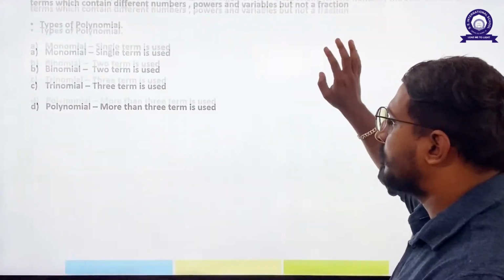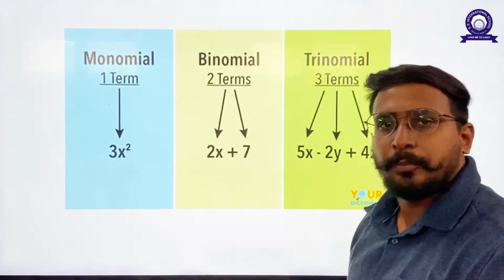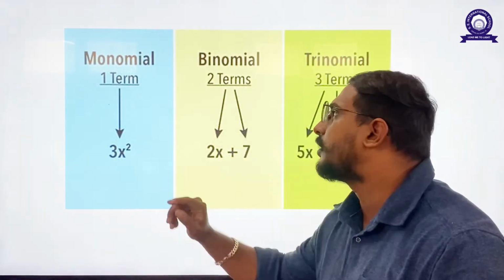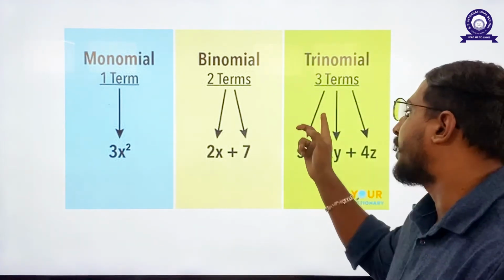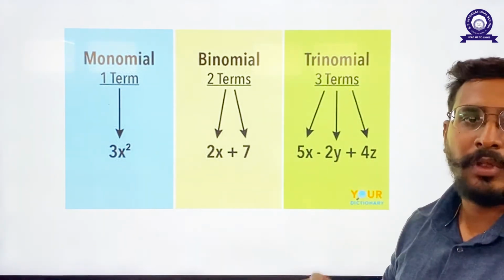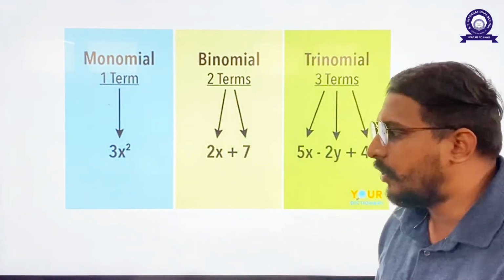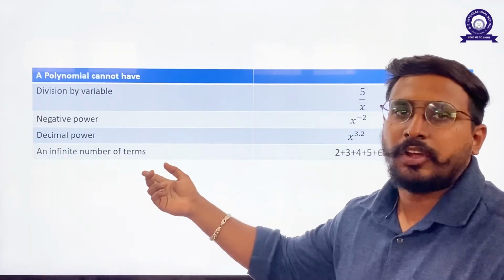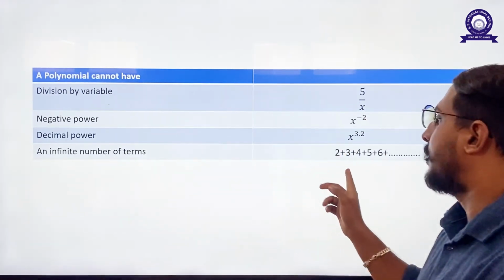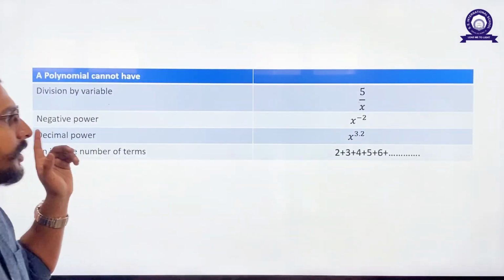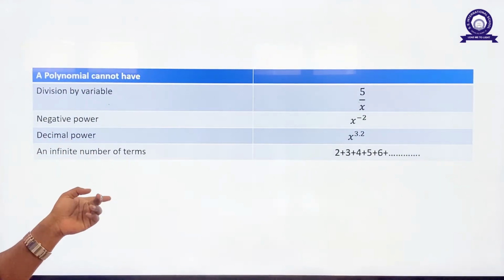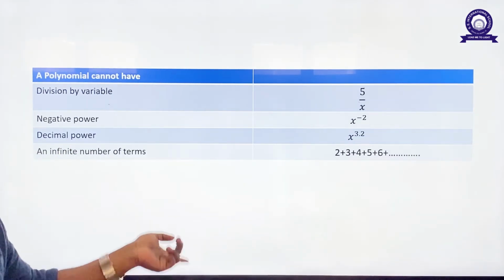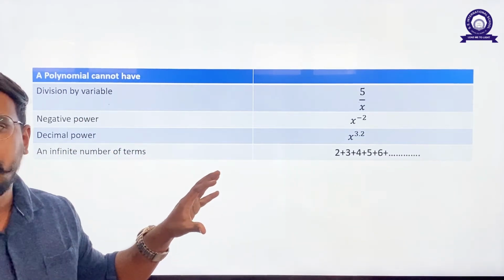Then we have seen that a monomial has one term, a binomial has two terms, a trinomial has three terms, and a polynomial has more than three terms. Okay, and we have also seen what a polynomial cannot have: division by variables, negative power, decimal power, and an infinite number of terms. So this was about polynomials.